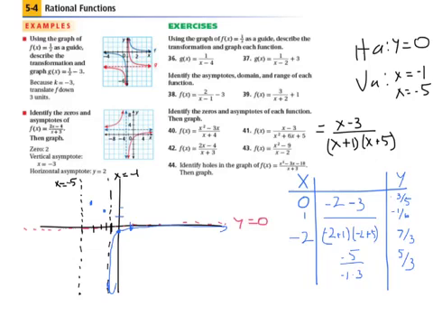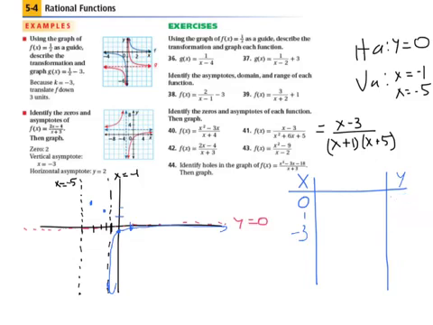And then let's see what happens at -3. We get -3 minus 3 over -3 plus 1 times -3 plus 5.